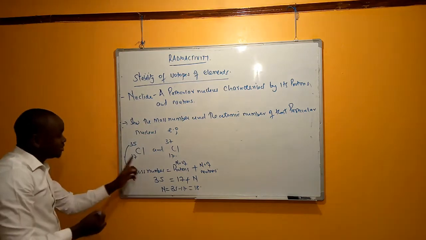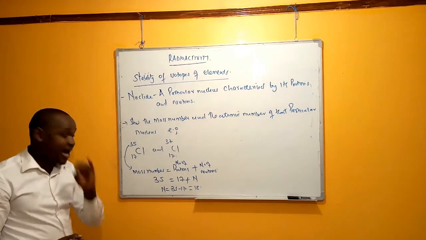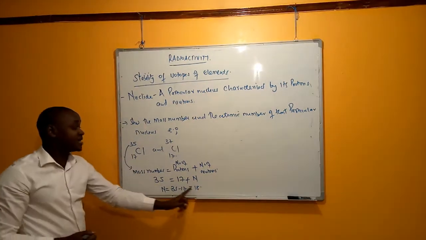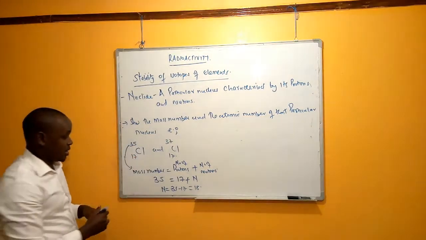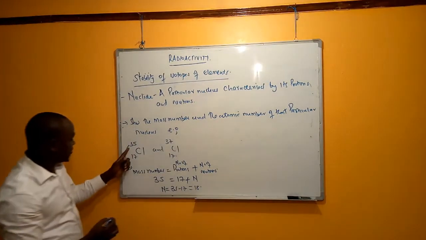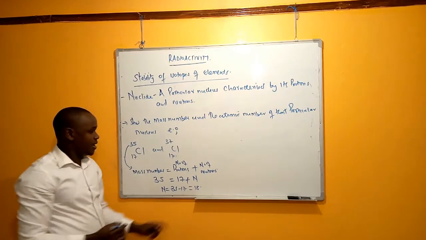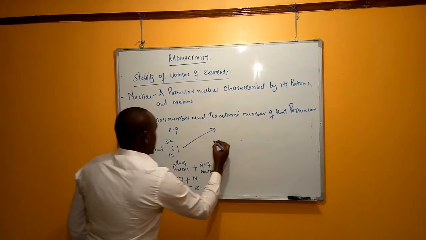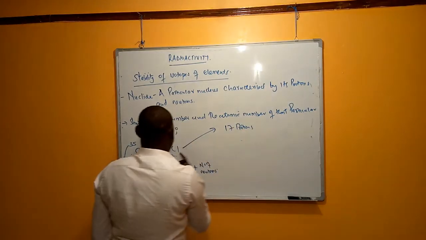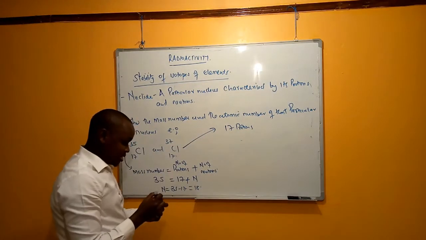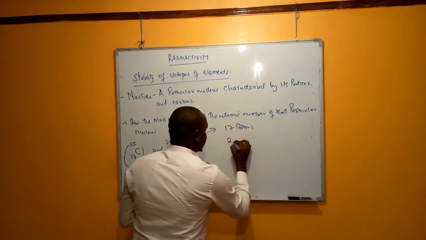Therefore, this particular nucleus has been described in terms of both protons and neutrons, because we can get neutrons from the mass number. Chlorine-35 has 17 protons and 18 neutrons. For chlorine-37, it has 17 protons, can you tell that? And it has 37 minus 17, which is 20 neutrons.